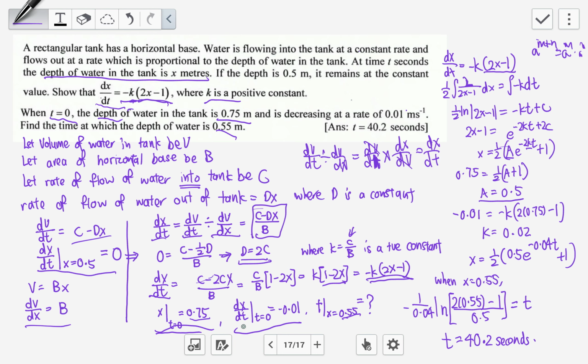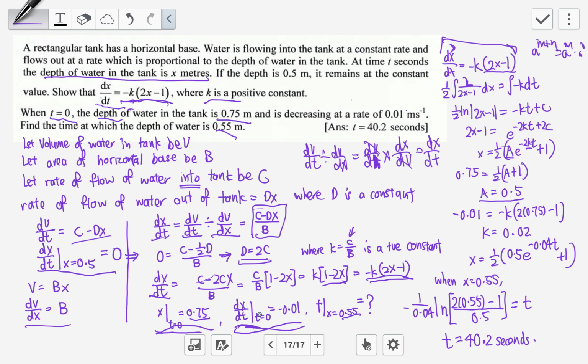Next, I make use of this to solve for my k. Knowing that my A equals 0.5, let's go back to this again. We have to go back to this because this is using dx/dt, so I have to come to here. When dx/dt equals minus 0.1, this equals minus k multiplied by 2 when t equals 0.